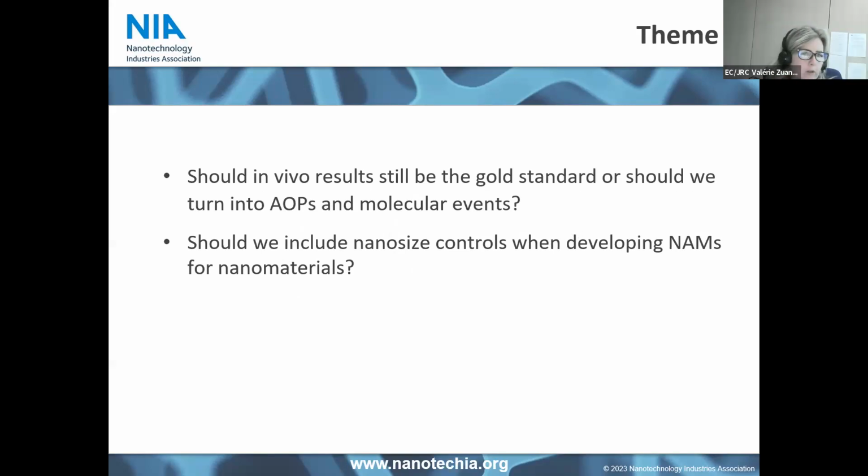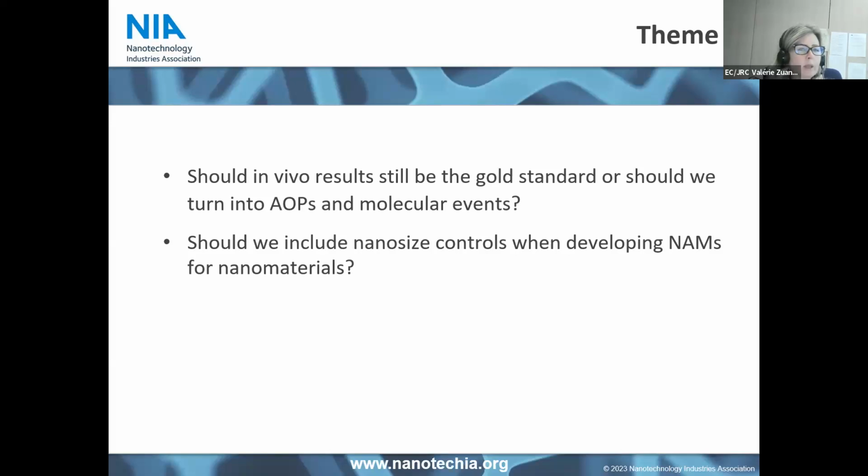Yeah, I also already commented on this before, that we do not necessarily need to predict the adverse outcome in an animal with our NAMs. They should help to protect consumers and the environment, but that doesn't necessarily mean that they need absolutely to predict the adverse animal outcome that is currently required in regulation, in the REACH regulation, for example.